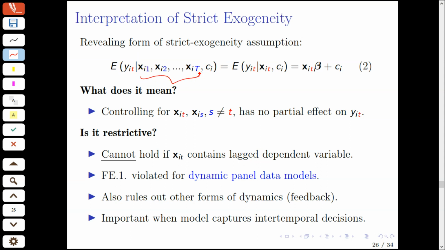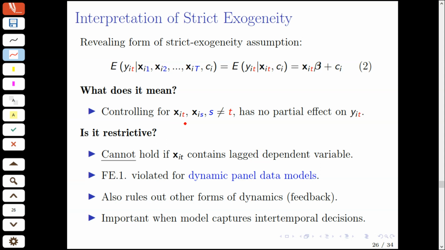We can show that this reduces to the conditional expectation conditioning only on the individual effect and the x_it in the same time period, which we assume to be linear in both variables. In words, this means that upon controlling for c_i and x_it, regressors in other periods have no partial effect on the outcome.